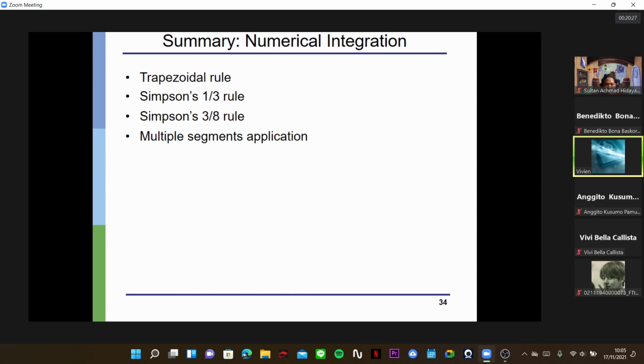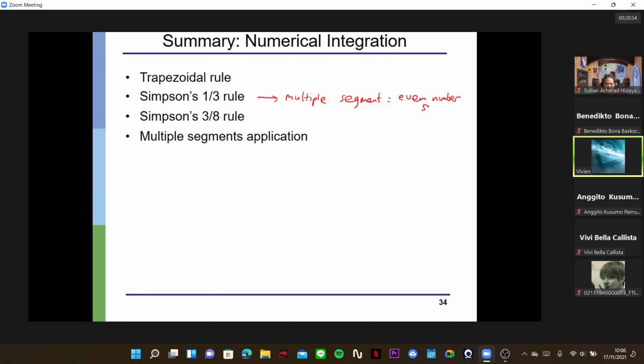So if we want to apply multiple segments for Simpson's 1/3 rule, there is a special requirement: it can be used only with an even number of segments.